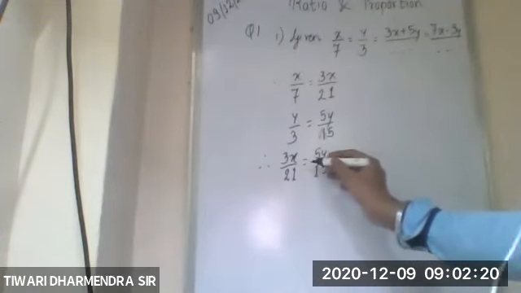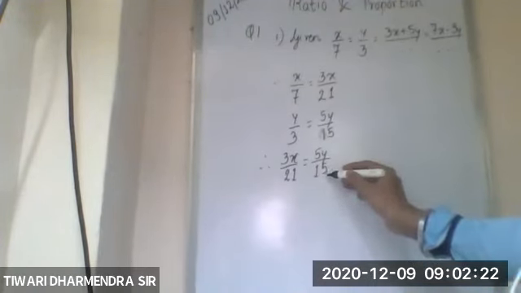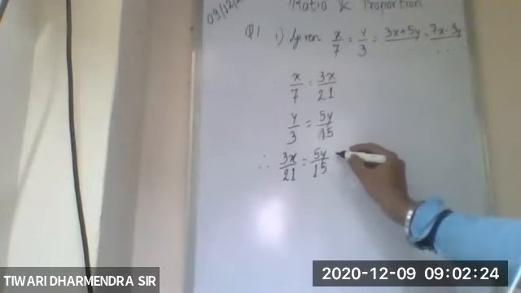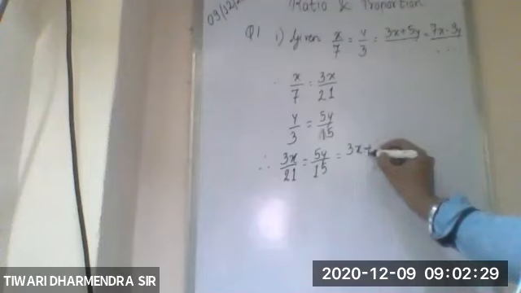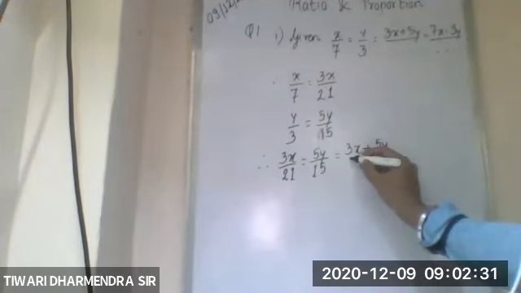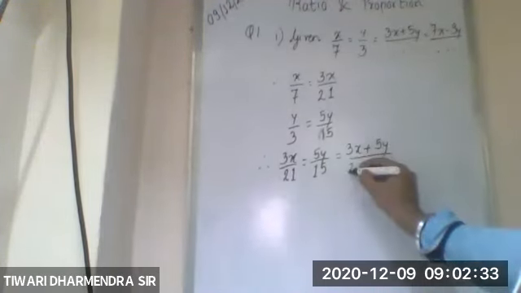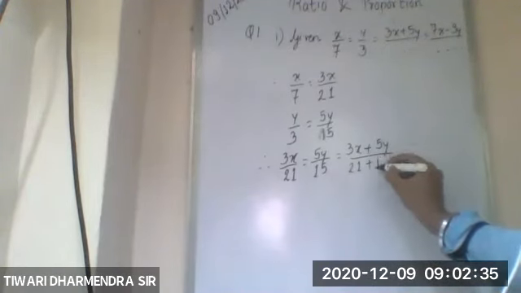3x upon 21 is equal to 5y by 15, and this is equal to, as per requirement, (3x plus 5y) divided by (21 plus 15).